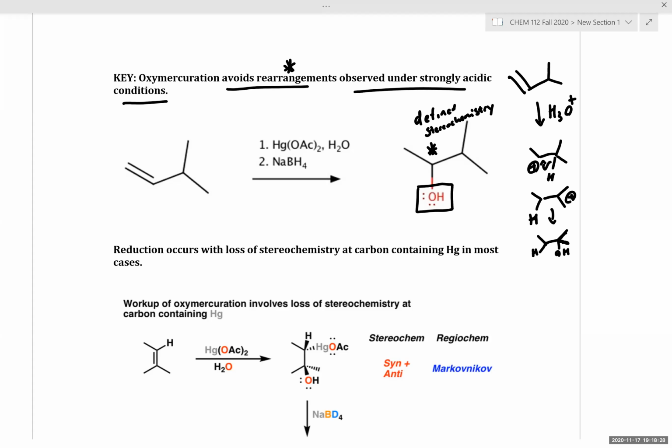Does everyone see how in oxymercuration, because we are not going through a carbocation, we have sidestepped the issue of rearrangements? Does that make sense to everyone? Any questions so far?